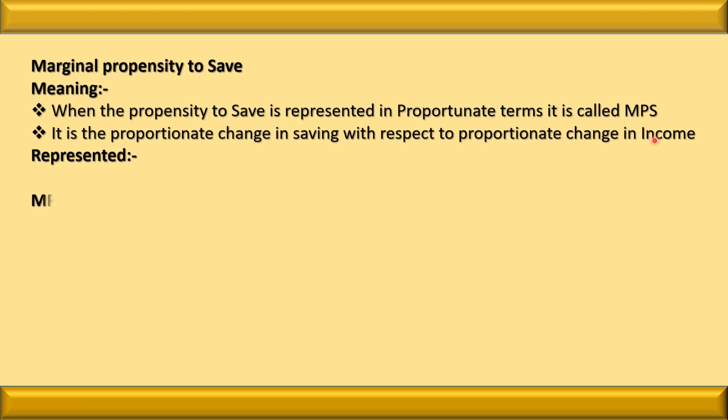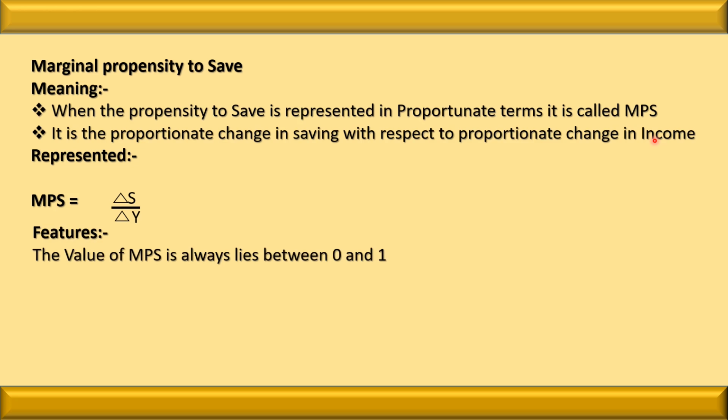It can be represented as MPS is equal to delta S divided by delta Y. Let us see the features. The value of MPS always lies between 0 and 1. When the entire value of additional income is saved, MPS becomes 1.